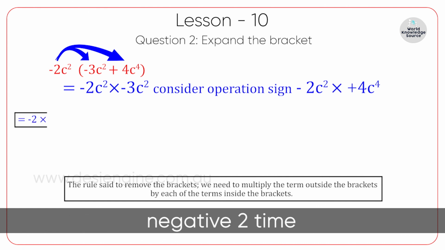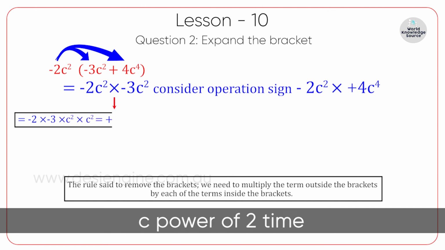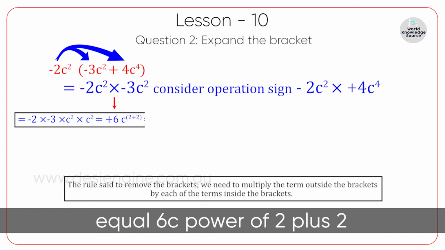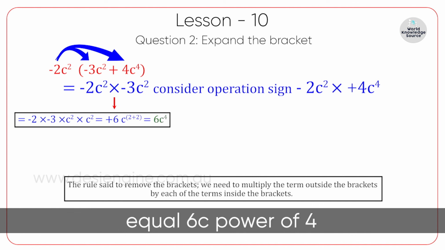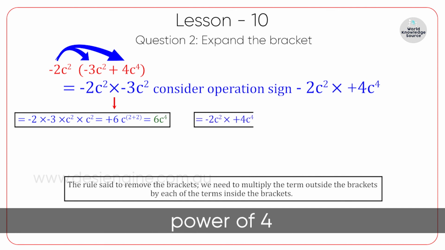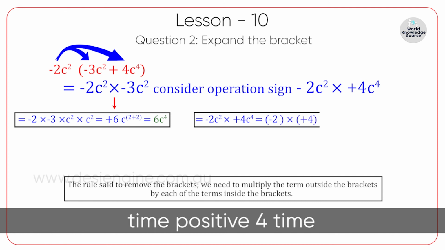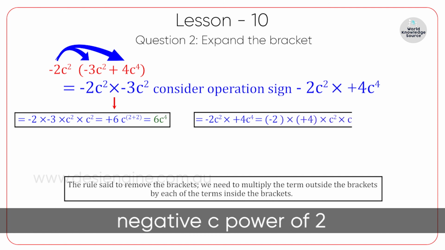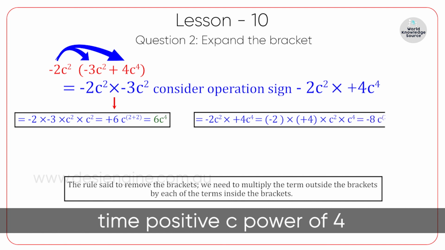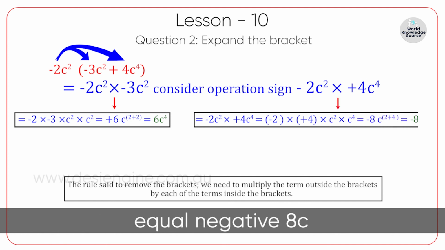negative 2 times negative 3 times c power of 2 times c power of 2, equals 6c power of 2 plus 2, equals 6c power of 4, and negative 2c power of 2 times positive 4c power of 4, equals negative 2 times positive 4 times c power of 2 times c power of 4, equals negative 8c power of 2 plus 4, which gives us negative 8c power of 6.